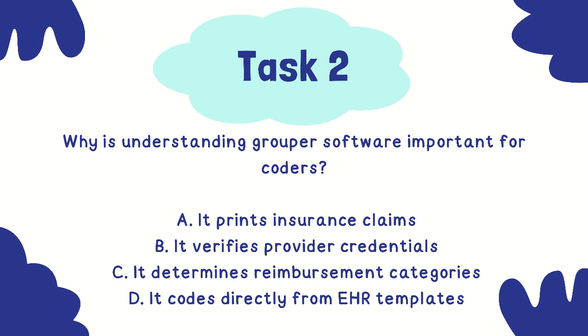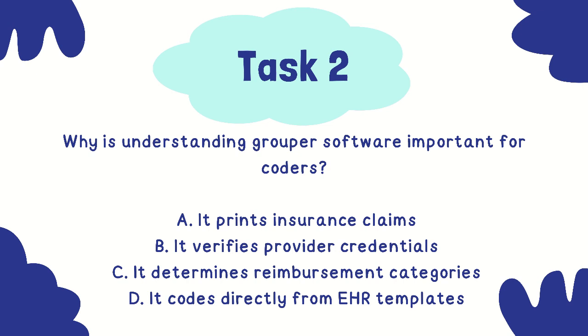All right, next question. Why is understanding grouper software important for coders? As a reminder, they're always going to give you two answers that look correct and two answers that are flat out wrong.